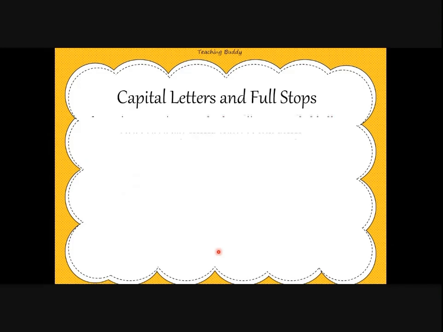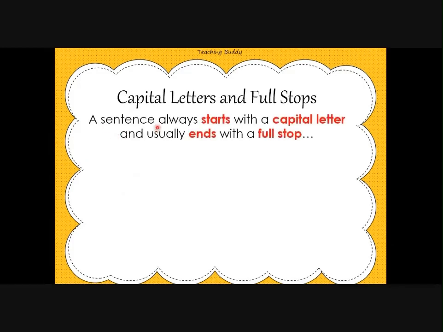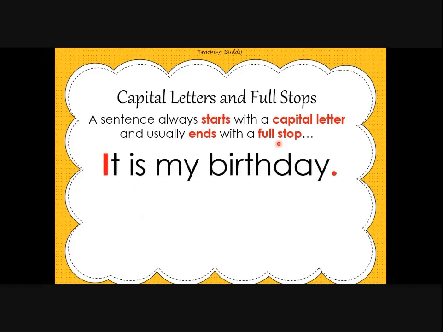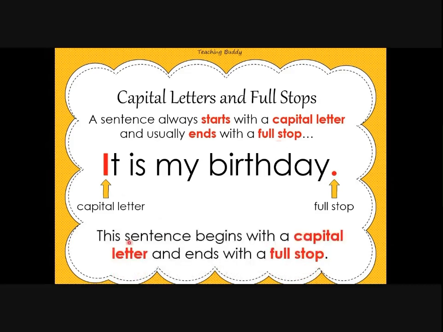Now, the sentence always starts with a capital letter and usually ends with a full stop. It is my birthday. This sentence begins with a capital letter and ends with a full stop.